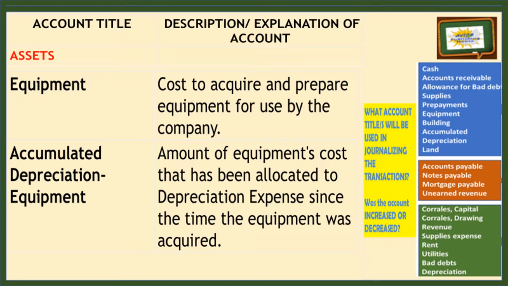The depreciation expense forms part of the current or the period cost. However, that expense has to be recorded also as a deduction of equipment. So there is an account called accumulated depreciation to record the depreciation expense of the asset over the years.